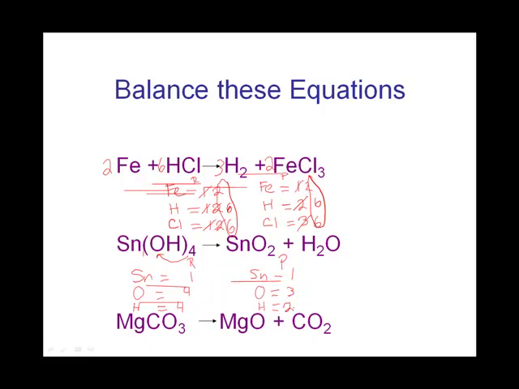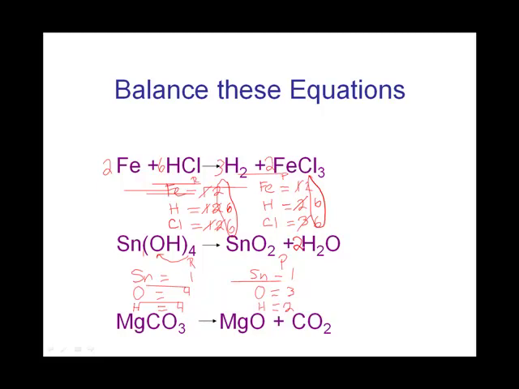So automatically we already have a problem. Okay? So how are we going to fix it is the question. Well, again, moving left to right. If we take a look here, we have 3 oxygens on this side and 4 on this side. What if we put a 2 right there?